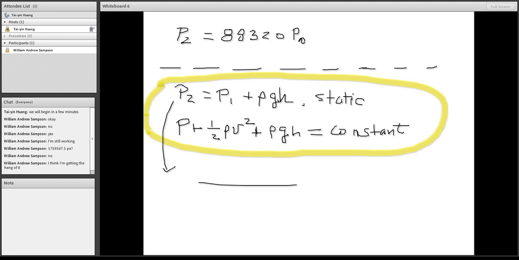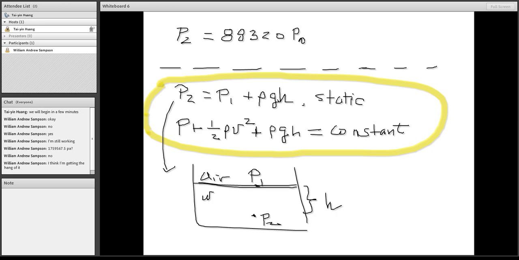Let's say this is the interface between air and water, or any fluid. If the pressure at this point is atmospheric pressure, let's just say that's the pressure P1, and this is your pressure in the fluid, that's your P2, and the distance here is h, then your P2 is equal to P1 plus rho g h.